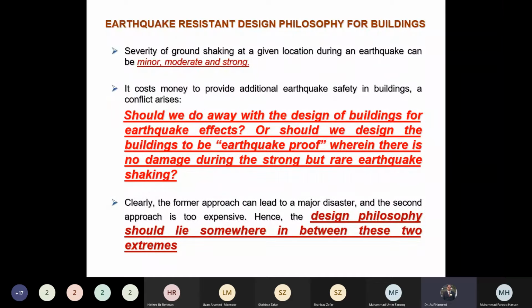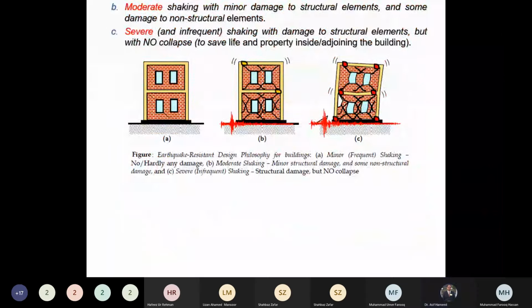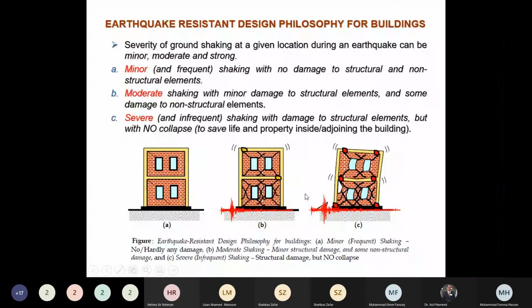You have to design your structure so that it will be safe during the minor and the moderate earthquakes. And if there is a severe earthquake, then you can allow damage to the structure. You can allow some damages to the different components, but there should not be total collapse. You have to save the life and the property adjoining the building.